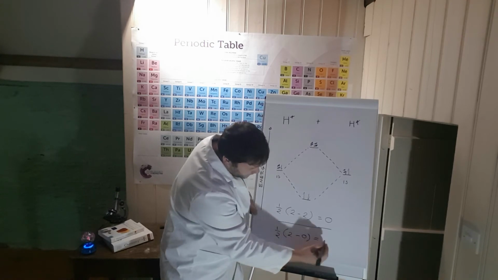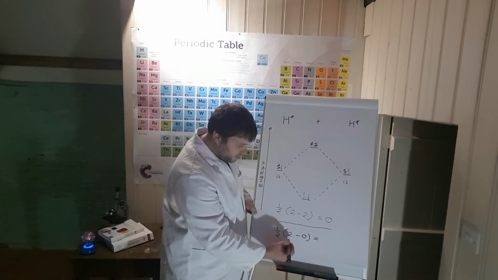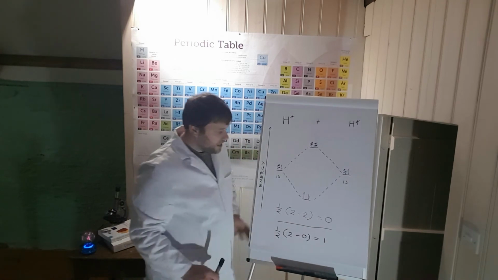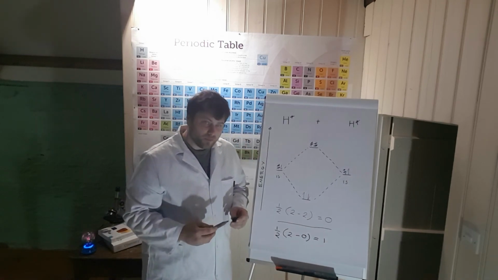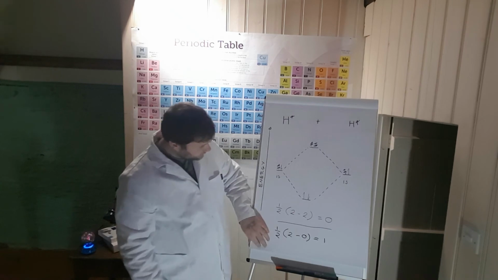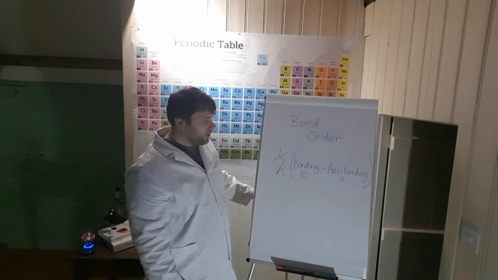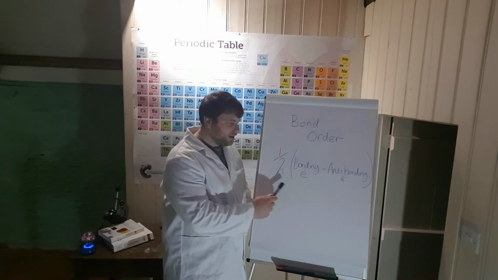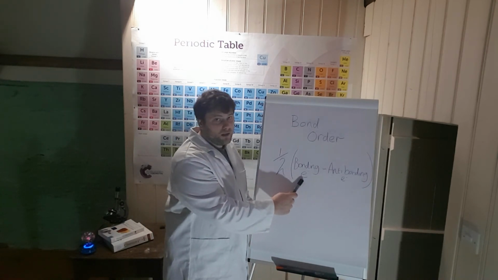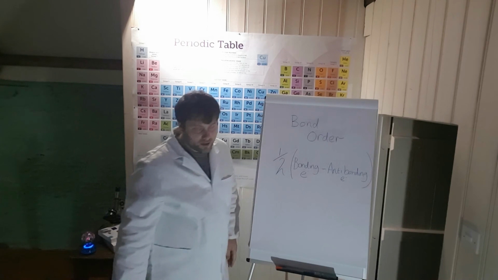Half of 2 is 1. As we have a positive number, this is possible. So bond order: half of the bonding electrons minus the antibonding electrons.